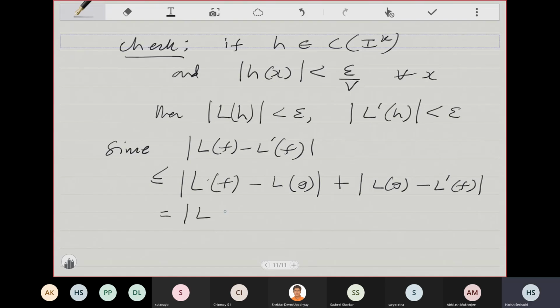But now notice that L of g is the same as L prime g, because g was in the algebra. That is the main part actually; the whole point of bringing in the algebra was that for those things, L and L prime coincide.